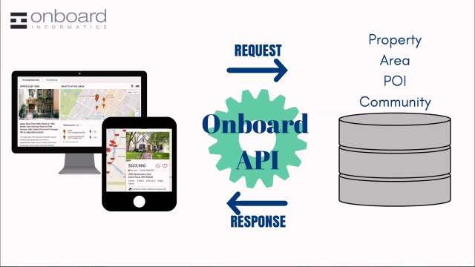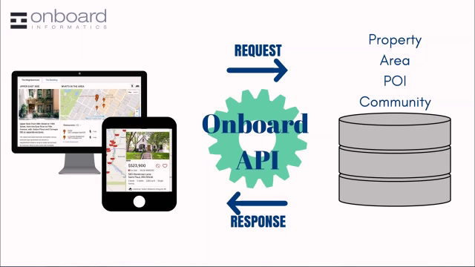Just to get started, I wanted to talk a little bit about what our API does and why you might use it. As you're building any of your products, a website, a mobile application, anything that requires the use of property data from Onboard, this is a solution that allows you to get easy, quick access to our data based on the needs of your product.